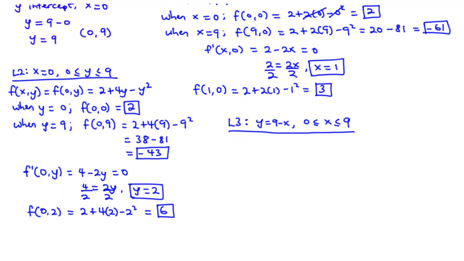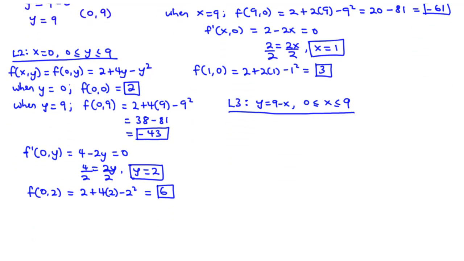So this is going to be slightly different from what we did for line 1 and line 2. Here we have f(x, y), and this is equal to f(x, 9 minus x). Now y is 9 minus x, so inside the given function, we are going to substitute 9 minus x for y.